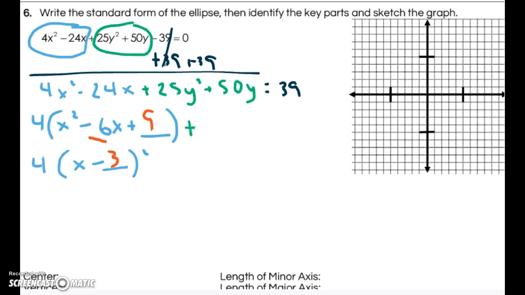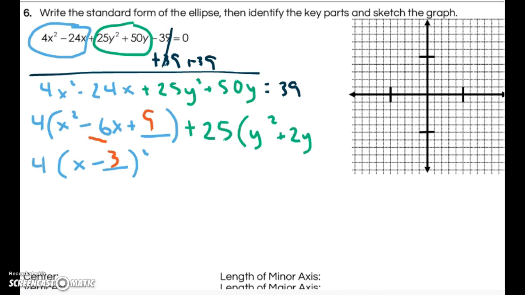Again, I have a coefficient in front of the y squared, so I'm going to start by factoring it out, and if I look at it, that 25 does have a common factor with 50. So I'm going to take out the 25, and I'm left with y squared plus 2y, because 25 times 2 is 50.